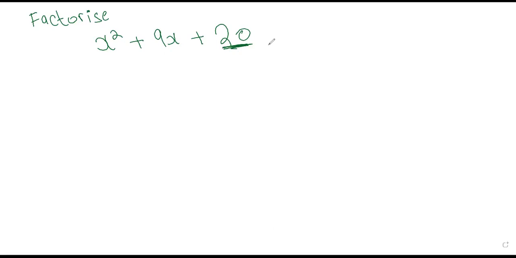So those two numbers could be the factors of 20, maybe 4 into 5, maybe 2 into 10, right? But we know that 2 plus 10 or 2 minus 10 is not 9. But this looks like it would be helpful. So we can do it this way: x square plus 4x plus 5x plus 20.